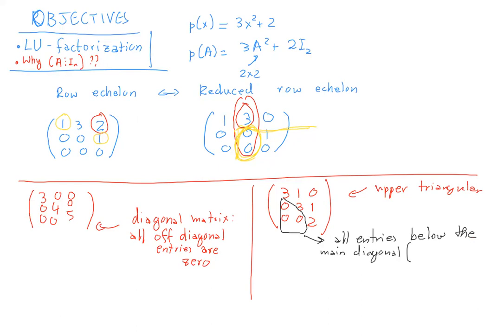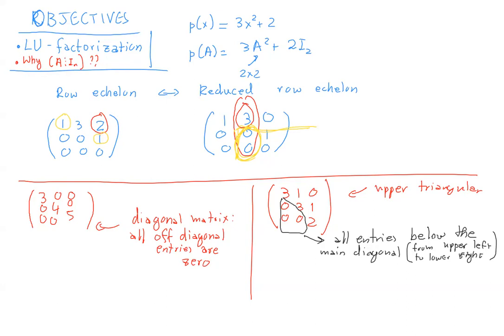And I repeat, the main diagonal is from upper left to lower right. Exactly. Every diagonal matrix is automatically upper triangular.